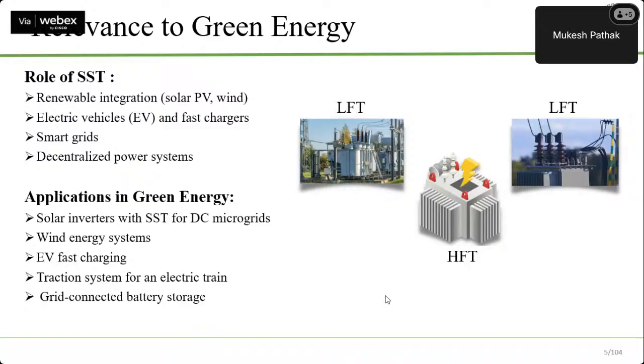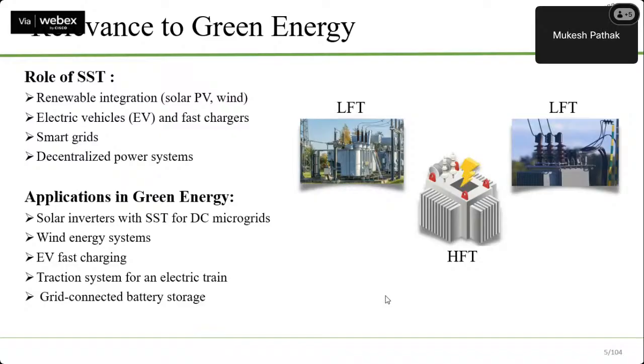So, the role of SST in renewables: this transformer can provide a much better solution for integration of renewable energy sources such as solar PV systems and wind energy systems.